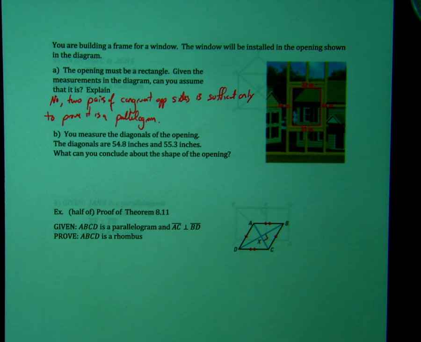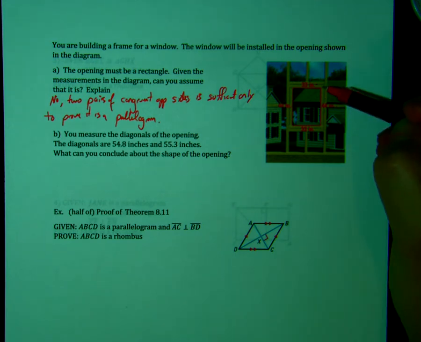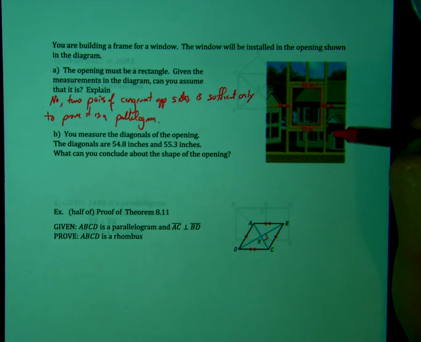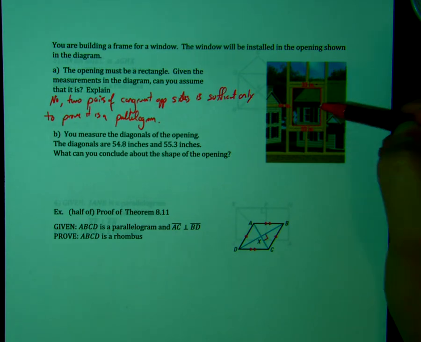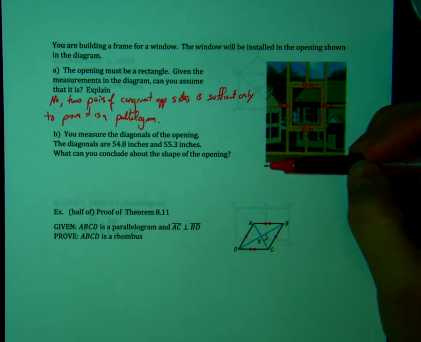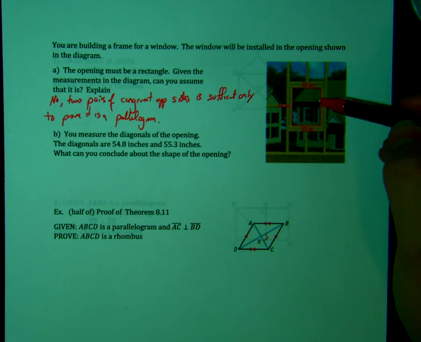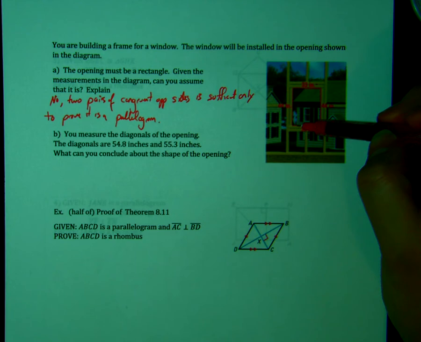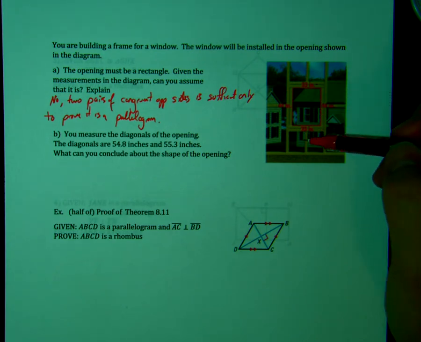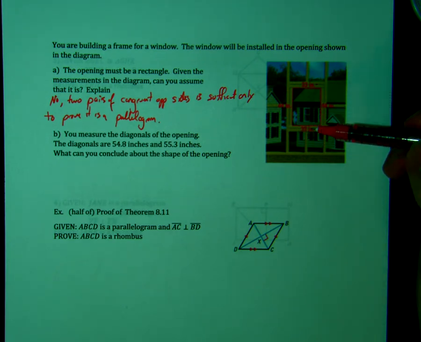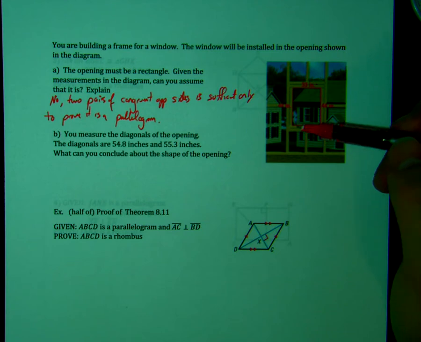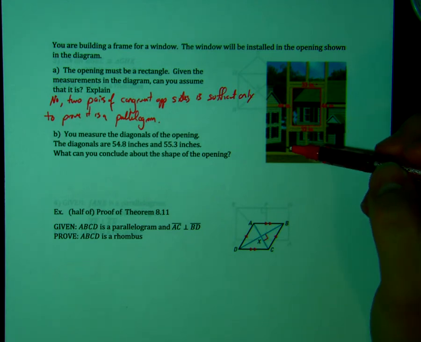Okay, so if you were a carpenter, you'd be aware of this rectangle property that the diagonals are congruent. So obviously if you were cutting the wood to be 44 inches, 44 inches, 33 inches, 33 inches, those have to be congruent. Okay, so you don't really have to go back and measure those after you've done the cutting. But something that you do is you measure the diagonals, and you know that the diagonals of a rectangle are congruent. So that's one way to do it without trying to measure the angles.